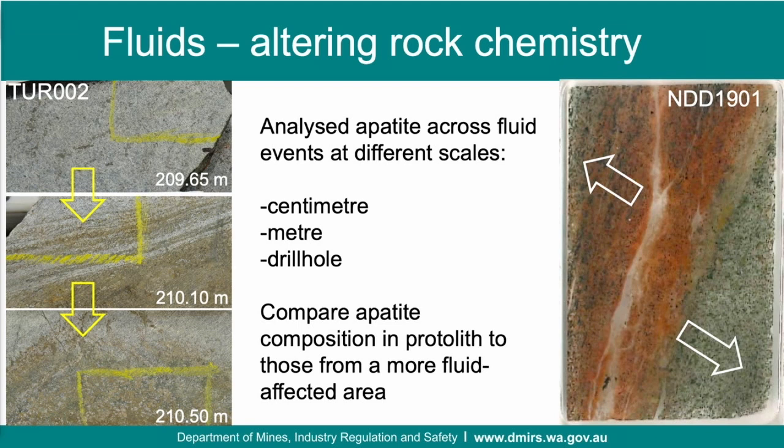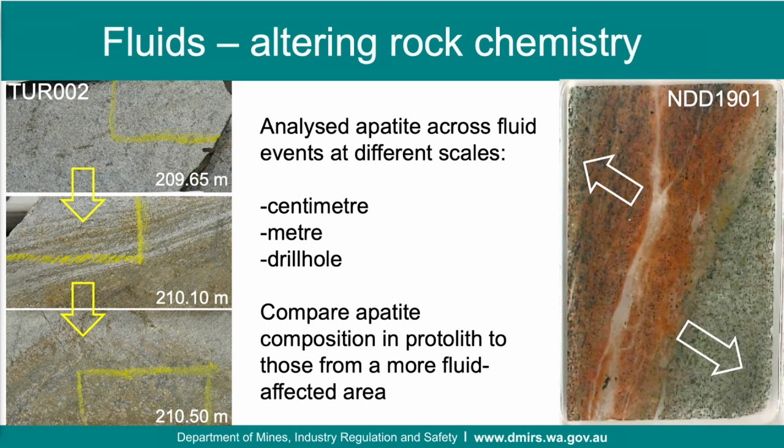So what are we doing practically? From those drill holes that you saw on the map, we're taking samples that are obviously affected by fluid and obviously not affected by fluid. For example, on the left-hand side from the Top-up Rise area, which is in the Lasseter Shear Zone, we go from a biotite gneiss, and within a meter later, we have a rock that is 50% quartz and 50% sulfides, including iron sulfide and iron copper sulfide.